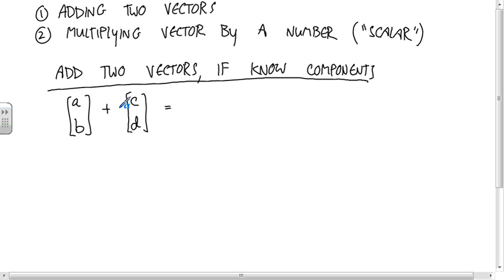You keep the X components separated from the Y components and just add them together. So the X component of the sum of these vectors is A plus C. The Y component is B plus D. And that's your new vector. This, by the way, is called the resultant vector.